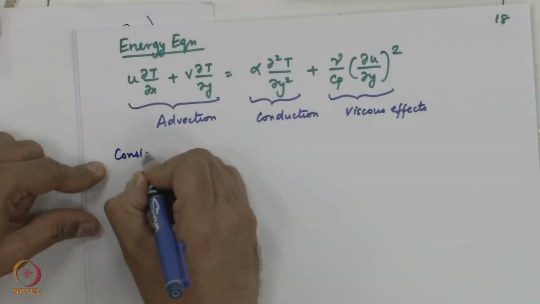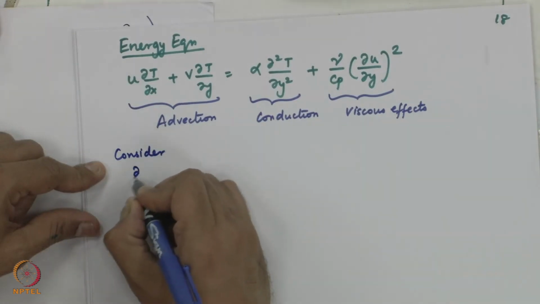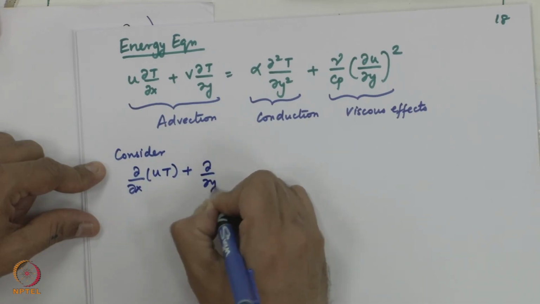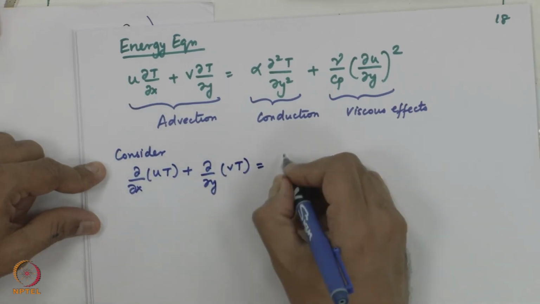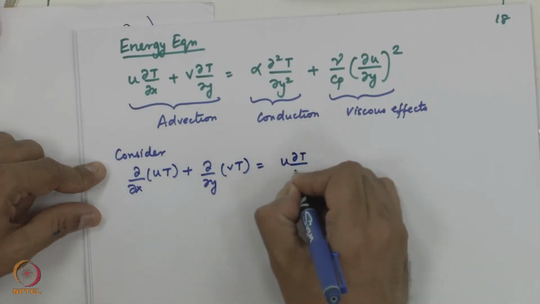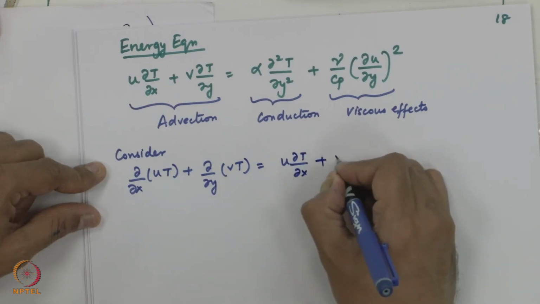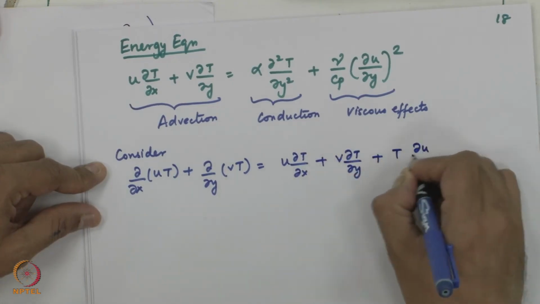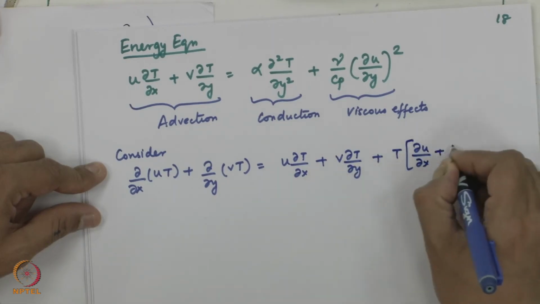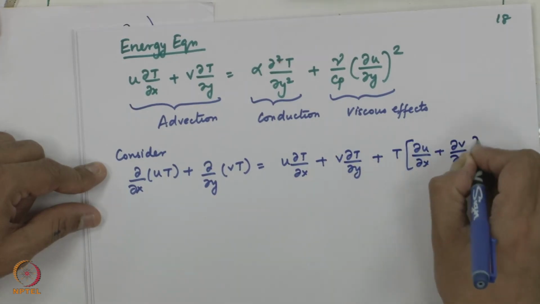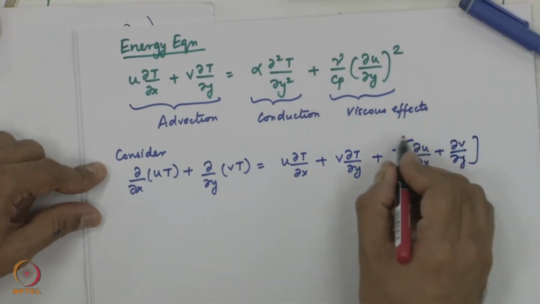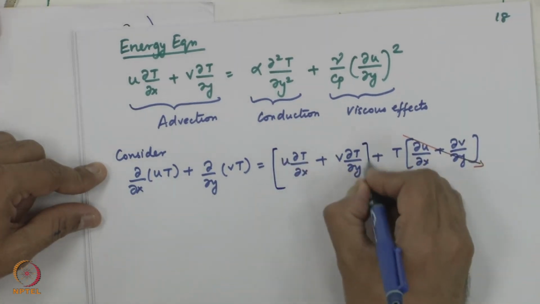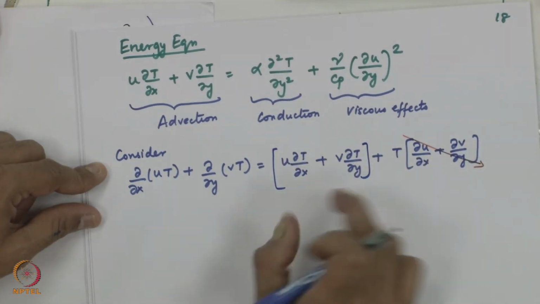Okay. So let us define, now let us just recast this. So let us consider d/dx of uT plus d/dy of vT. This is nothing but u dT/dx plus v dT/dy plus T times du/dx plus T times dv/dy. So this one drops off by continuity equation. Therefore, my left hand side of the energy equation is nothing but this.